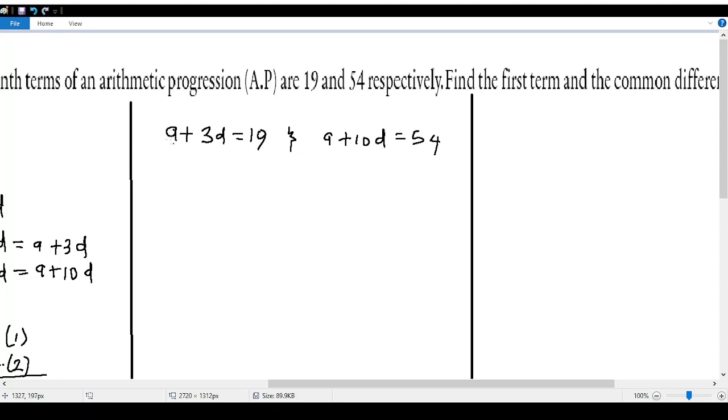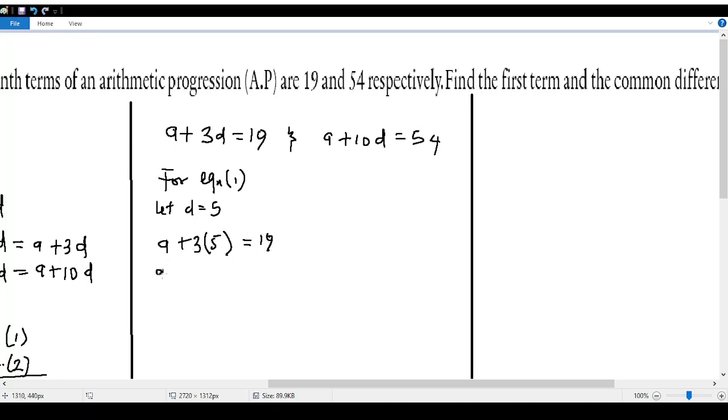So for the first equation, I'm substituting the value. We have a plus 3, d here now stands for 5, all bracket close, equal to 19.